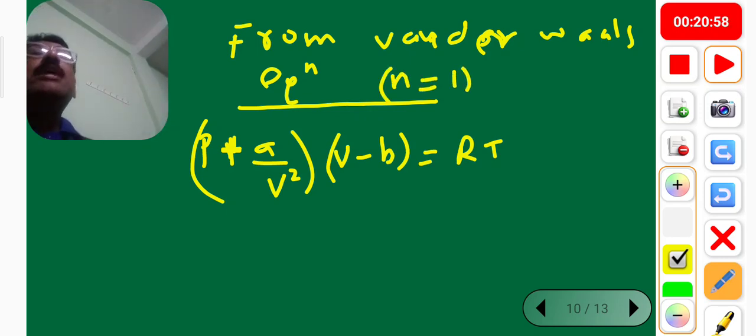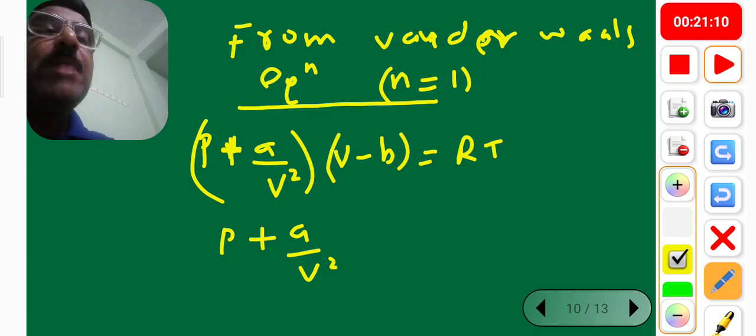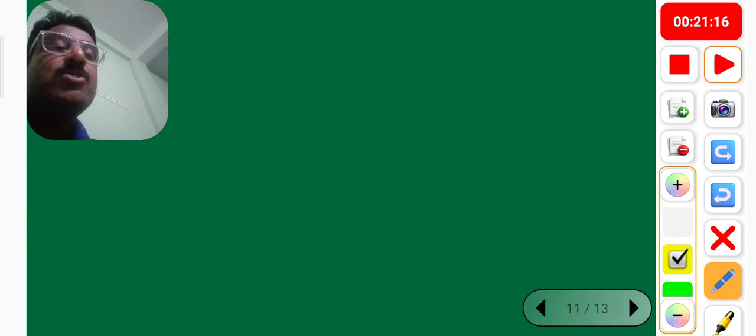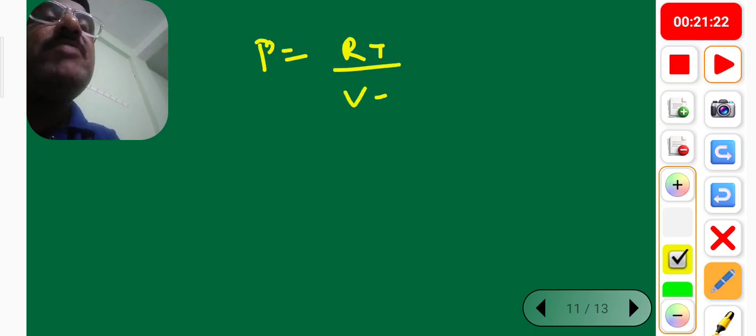So I can write P plus a/V² as RT divided by V minus b. So what will be your P? P will be equal to RT divided by V minus b, minus a/V².